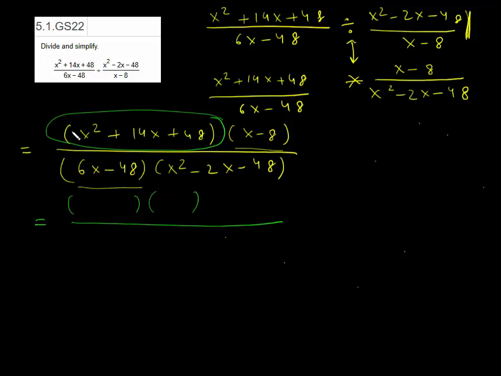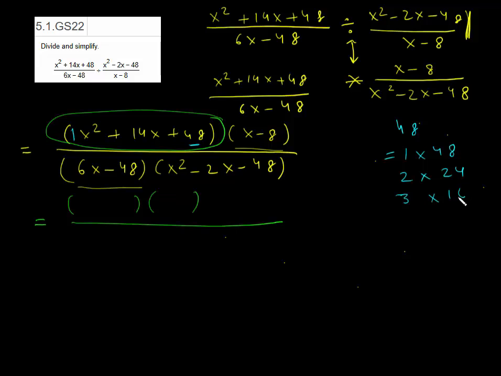The leading coefficient is 1, 48 is your C. So if we use the AC method, 1 times 48 is 48, and you are required to make factors of 48 and see which two factors multiplied give you the middle term being positive 14.